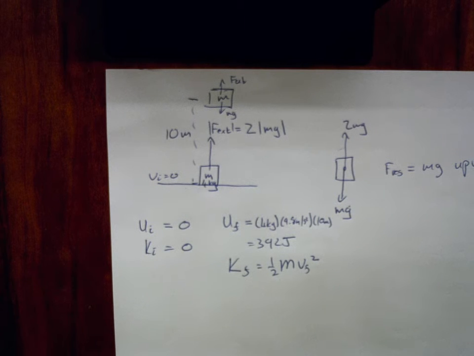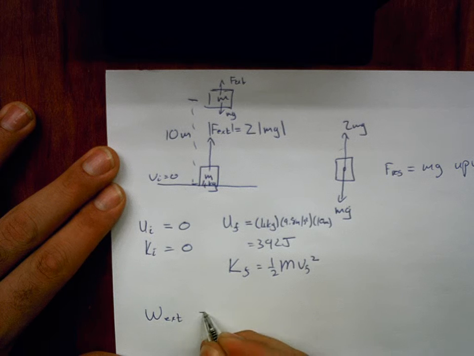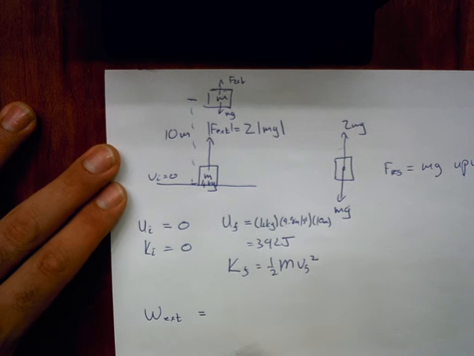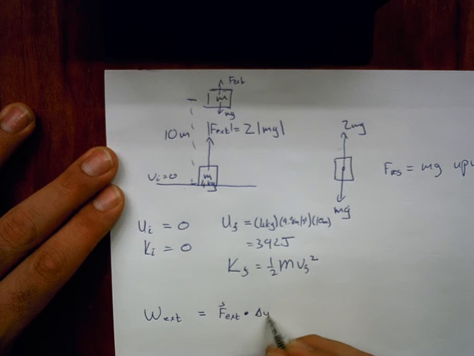So this force does a certain amount of work. Some of that work goes into just increasing the potential energy of the system. The other part of it goes into increasing the kinetic energy. So we also know the work done by the external force. In this case, the external force remains constant. So it's the external force dot with our displacement.